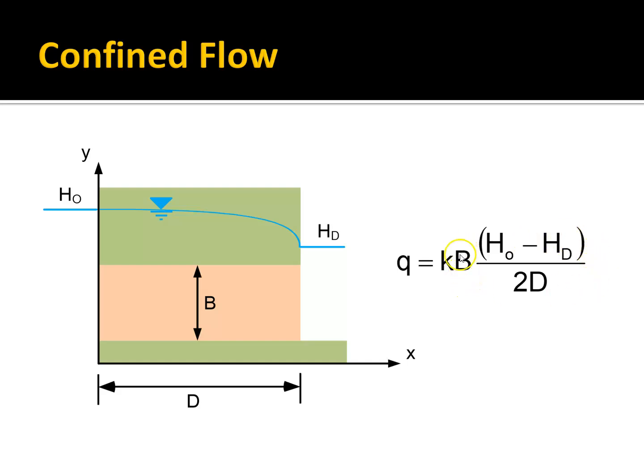It's just h's, and we also multiplied times b here. And so I don't have an equation for the phreatic surface. It's not a free surface in this case. It's a potentiometric surface, meaning if you put a piezometer inside that tan zone, the water would rise up to that blue line up above. But this is the flow rate Q.